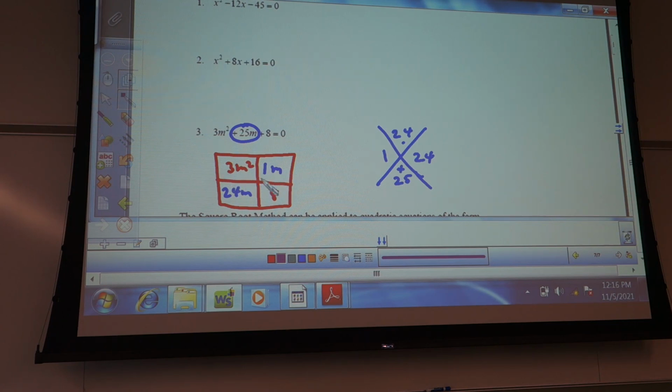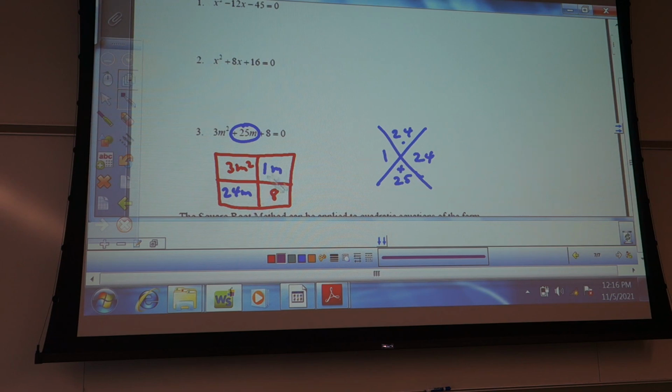Deja, what did you do from here? Do you remember? Yeah, so from there, I kind of just tried to figure out what times what equals 24, because it was a bigger number, so I felt like it was easier for me. I figured out 3 times 8, and I actually switched my numbers.